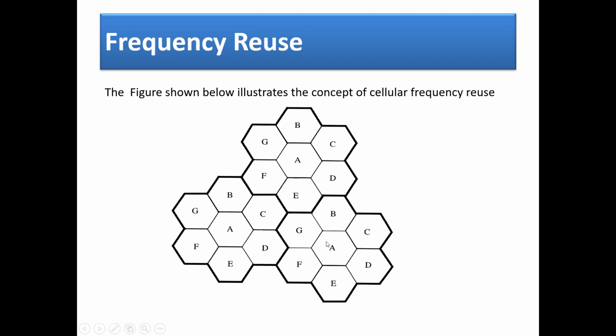Now another question. How many clusters do we have in this figure? Really, we have 3 clusters. As you can see, the bolded line describes the cluster. This cluster consists of 7 cells, another cluster 7 cells, another cluster 7 cells. So in this figure, the cluster is repeated 3 times.